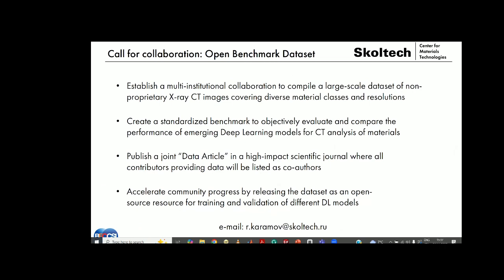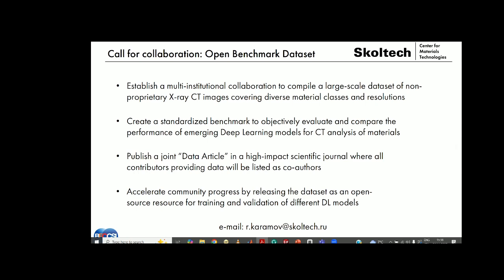So we propose, in an institutional collaboration, to create a large-scale dataset of non-proprietary CT images covering diverse material classes and resolutions, a benchmark dataset, and of course publish a data article on this.